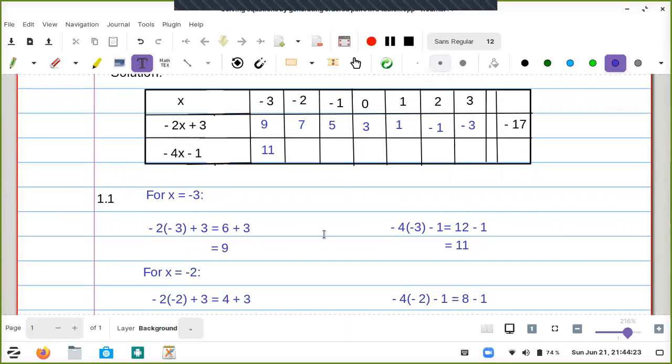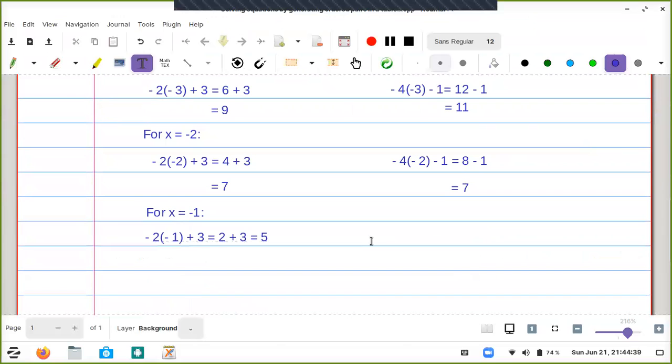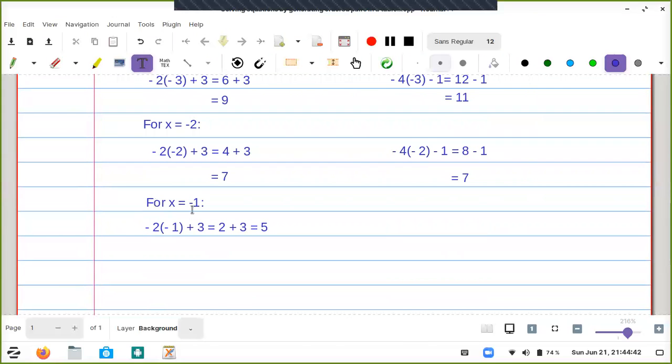Oh, where's my cursor? Okay. Then my value here is going to be 7. Then I move on to x equals minus 1. For x equals to -1 here, what is going to be the second expression? What is the value that we are going to come up with? So it's -4 multiplied by -1.